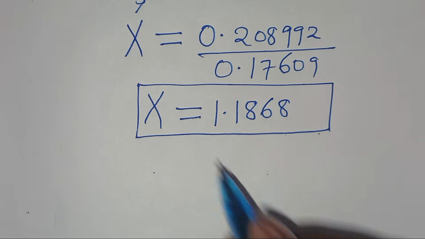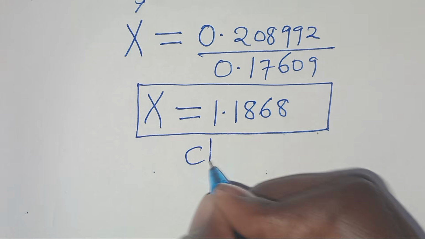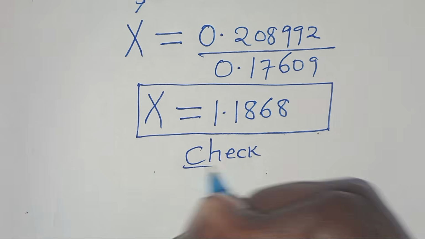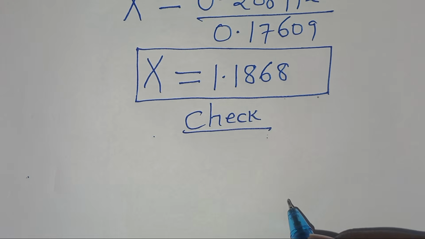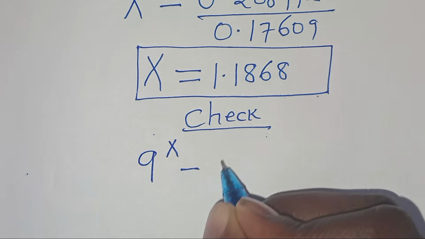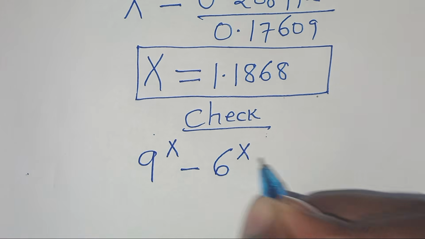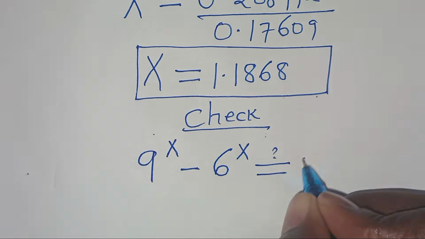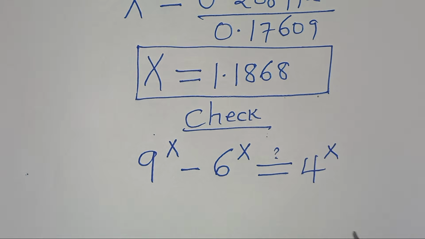Now the next step is to verify or check if this value of x satisfies the equation. If you recall, we have 9^x subtract 6^x. This should give us a value of 4^x.